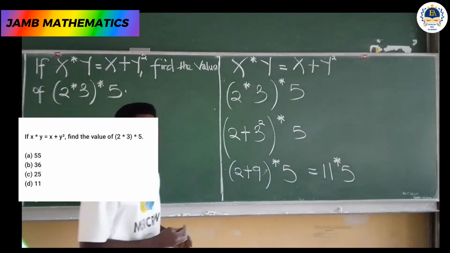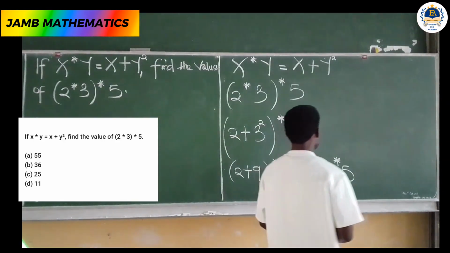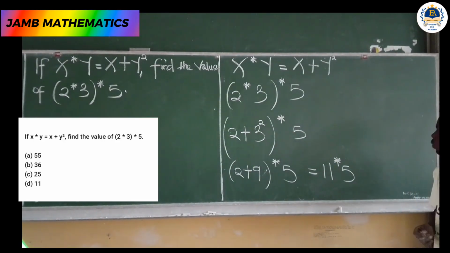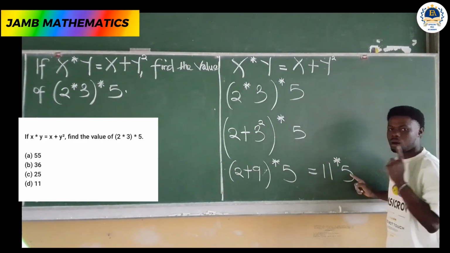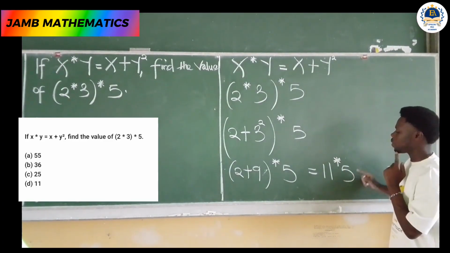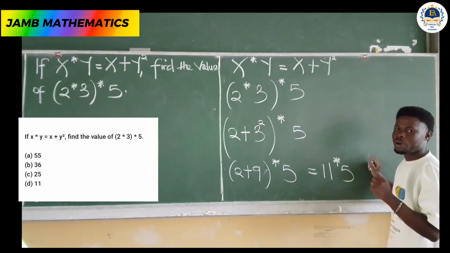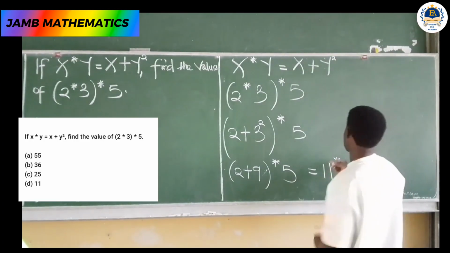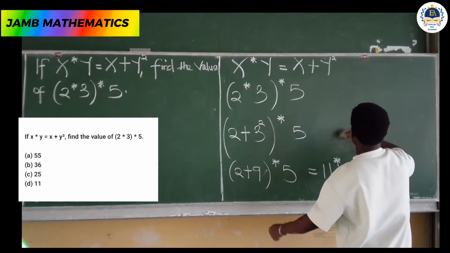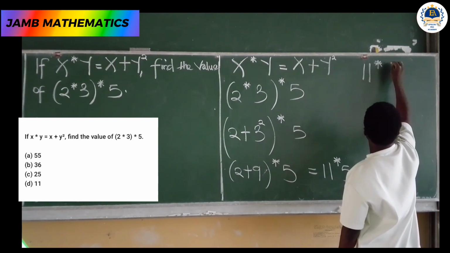So we are going to resolve this using the same pattern. So what is the pattern again? The pattern is that whenever there is a number star another number, it is always the number at your left hand side plus the square of the number at your right hand side. Doing the same thing over here, the number at my left is 11 star 5.